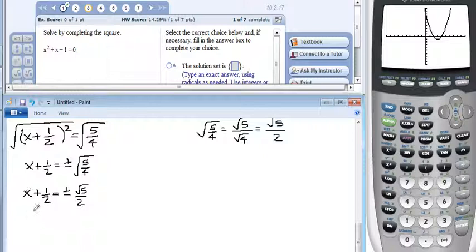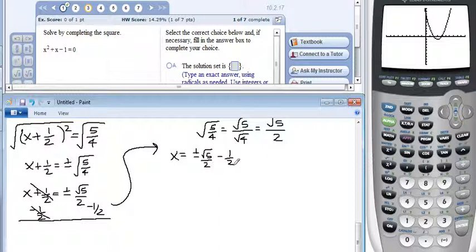Now I have to solve for x, so I'm going to subtract my 1/2 across. So this is gone. I'm going to go up here. So I have x is equal to plus or minus radical 5/2 minus 1/2. Now my math lab is going to want that in one fraction. It doesn't want it split up like that. So this is the same thing as negative 1/2 plus or minus radical 5/2.